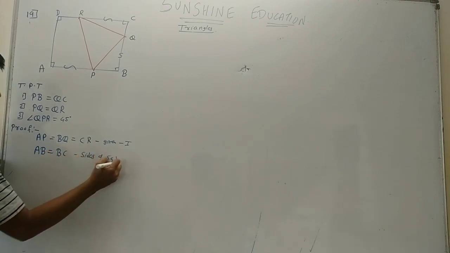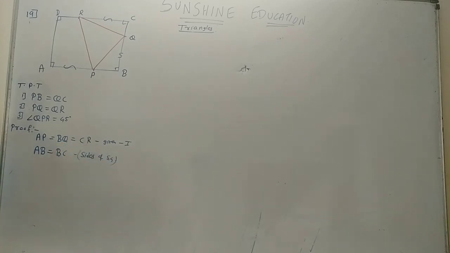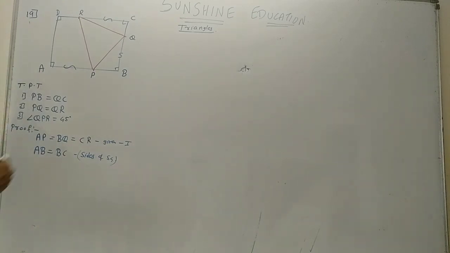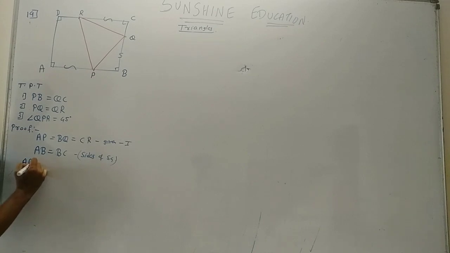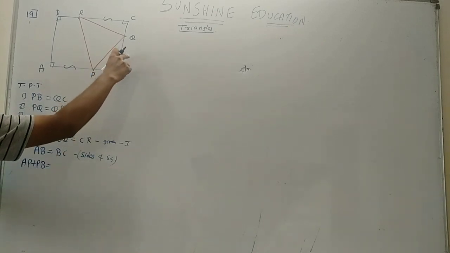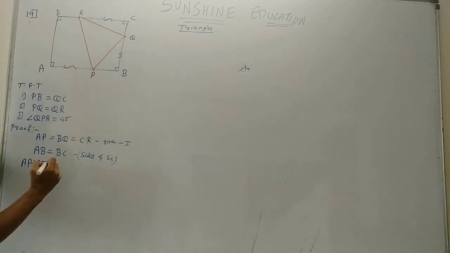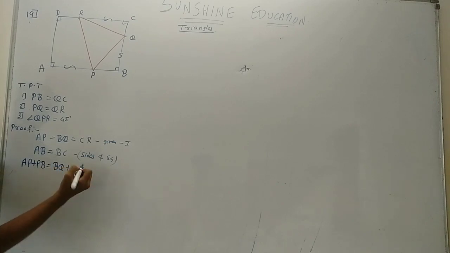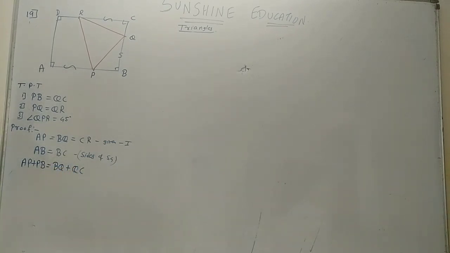Sides of a square. Now AB can be written as AP plus PB, and BC can be written as BQ plus QC. Now we know that BQ and AP are the same, and the same will get cancelled.